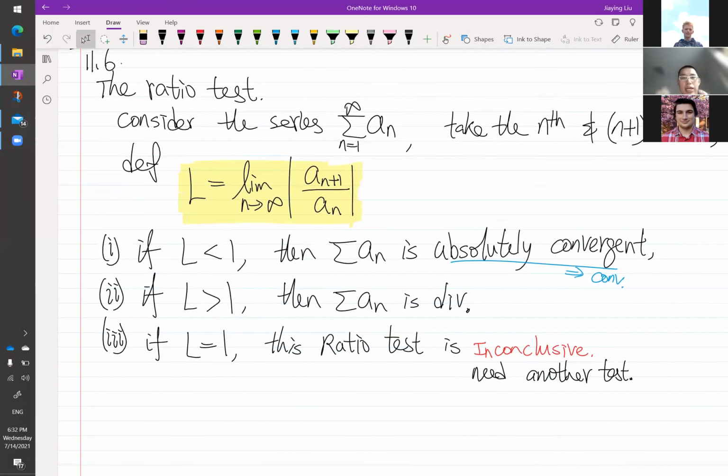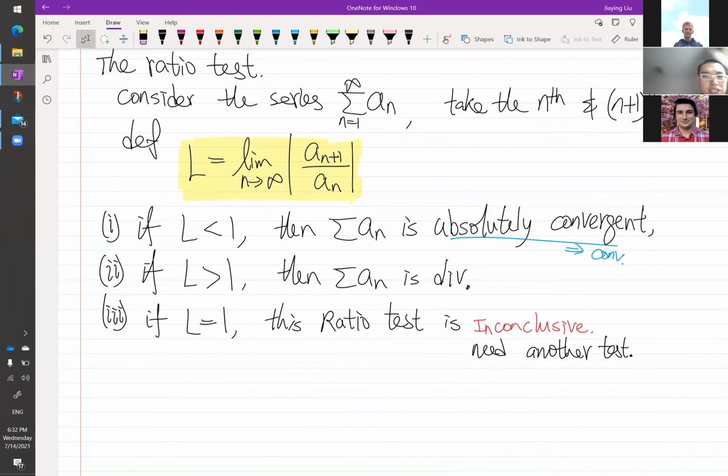To apply the ratio test, you just take an and a(n+1), find the ratio, put it in an absolute value sign, take the limit, and see what you end up with. That value, L, will tell you whether it's absolutely convergent, divergent, or we don't know. So let me give you an example.